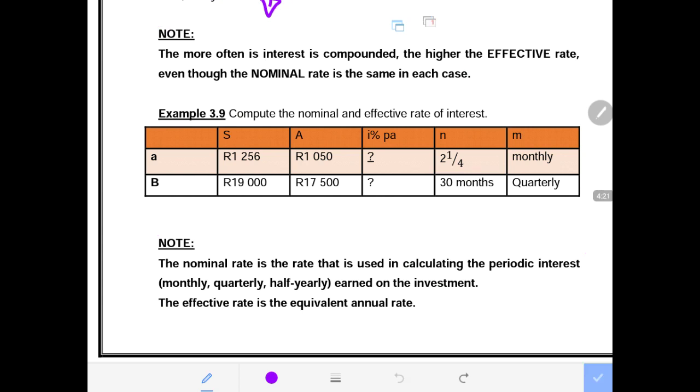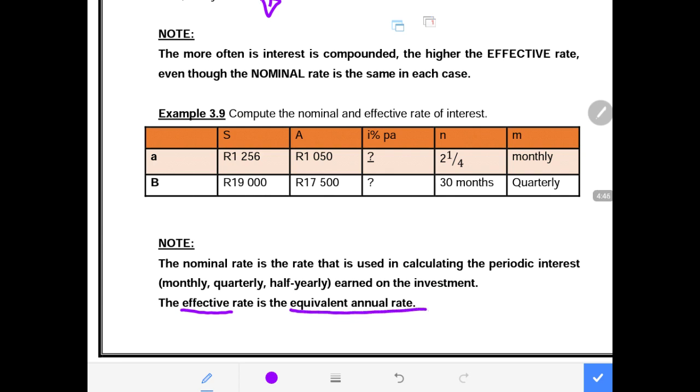Now, when we answer our question, we need to be aware that when we're calculating our nominal rate, it is monthly compound, 2 monthly compound, quarterly compound, half yearly compound, daily compound, and 4 monthly compound. There are different numbers of compounds. But when it comes to the effective rate of interest, it is an annual equivalent.